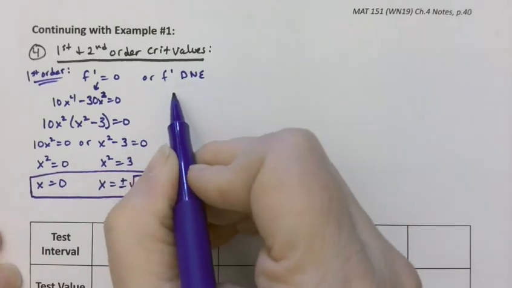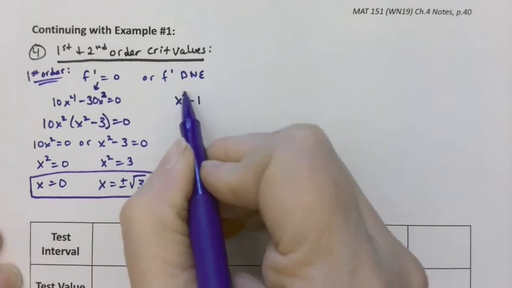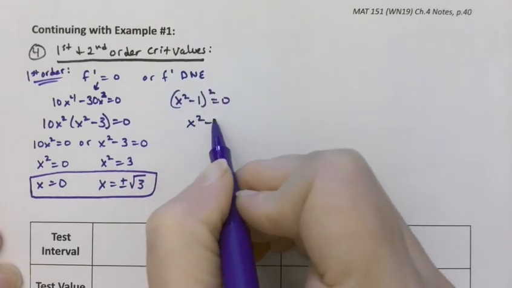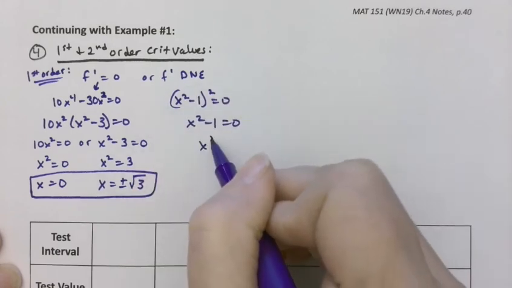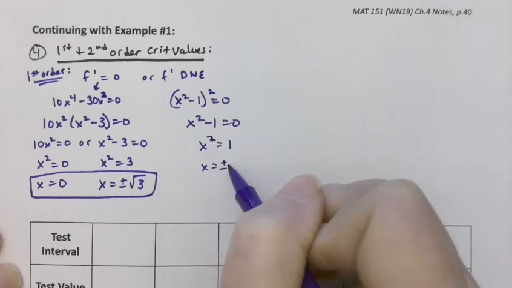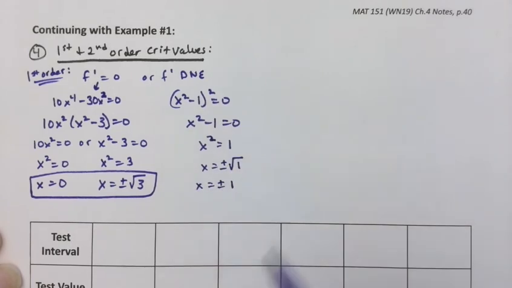And I know what you're thinking. What about the other side? Well, the other side would be x squared minus 1, quantity squared equals 0. That would mean that x squared minus 1 is equal to 0. Take the square root of both sides. That would mean x squared equals 1, which means x equals plus or minus 1.